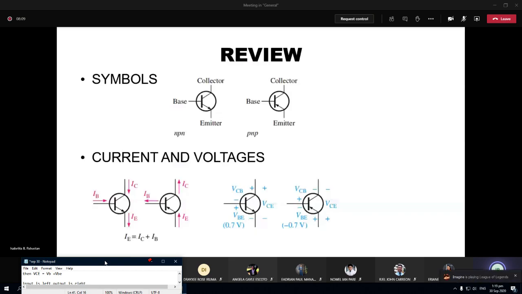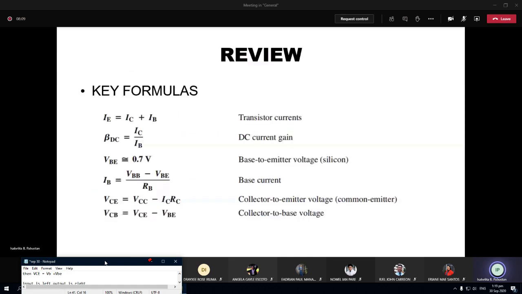Do not forget how to write the directions of current. As I have said, the IB equal to VBB minus VBE and the formula for the VCE are applicable only for that particular circuit.